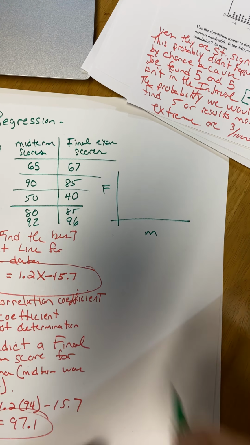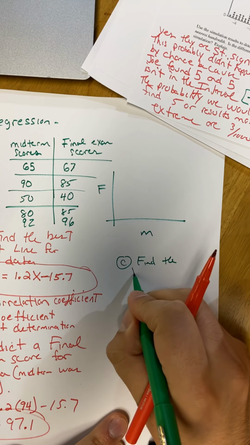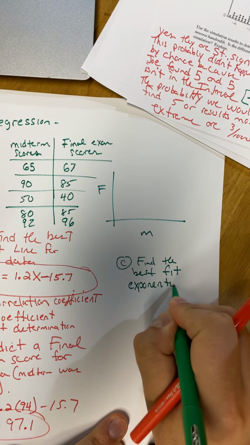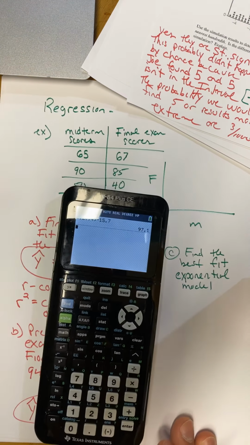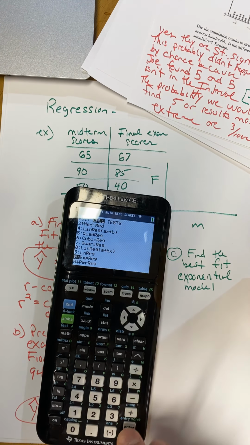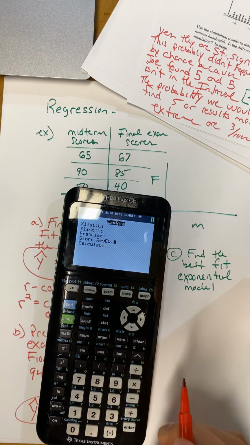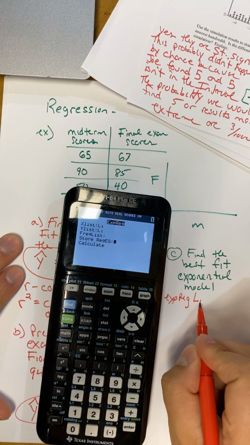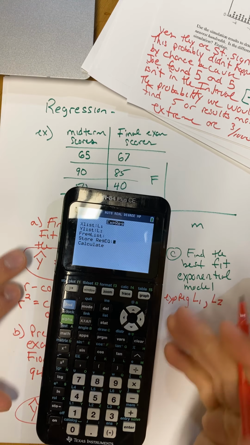All right. See, watch what happens if I said, find the best fit exponential model. So what I would do is I would hit Stat, Calc, scroll down to exponential regression, L1, L2, blank, blank. If you have the old operating system, you'd have to hit second 1, comma, right by the 7, second L2, wherever your data was, and then hit enter.